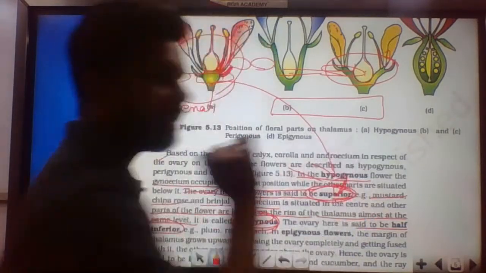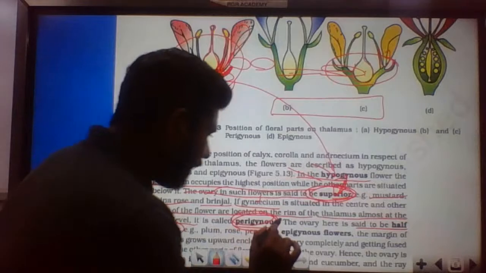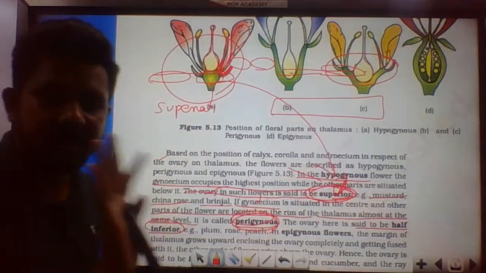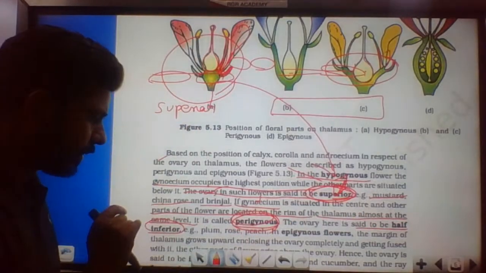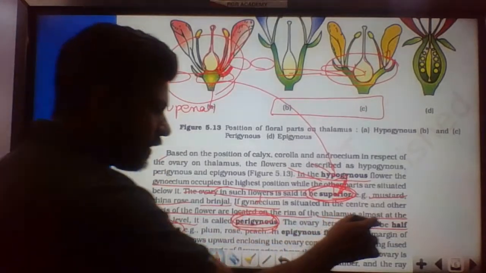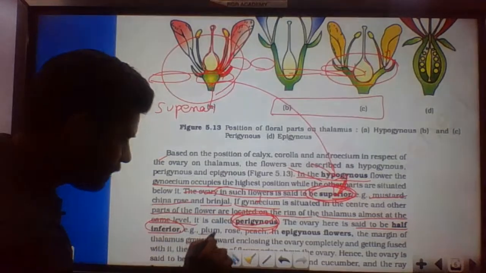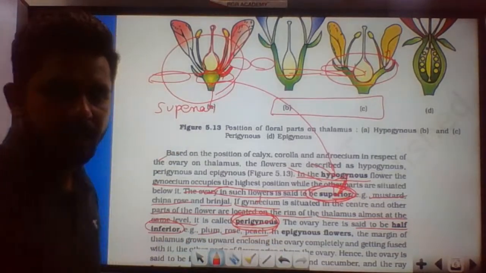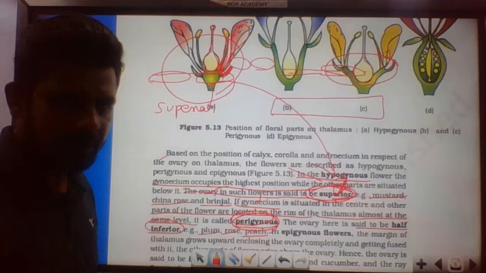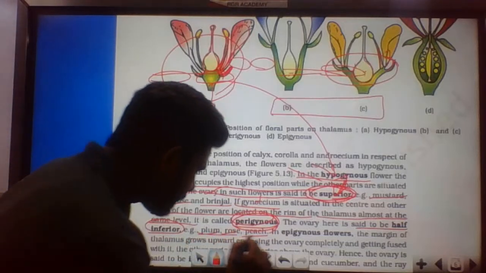Hypogynous flowers have superior ovary and perigynous flowers have inferior ovary. For example, the inferior ovary is seen in plants like plum, rose and peach. Plum, rose and peach are the examples.